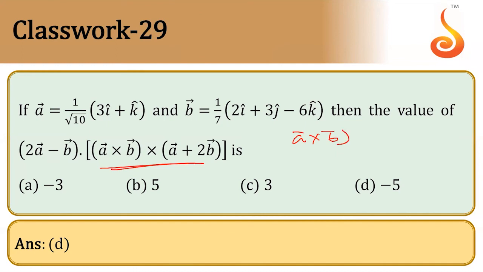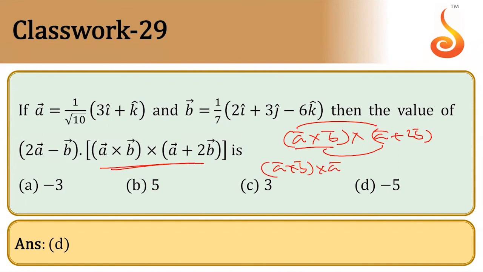It's a good question. So I take A cross this entire thing, A bar plus 2B bar.